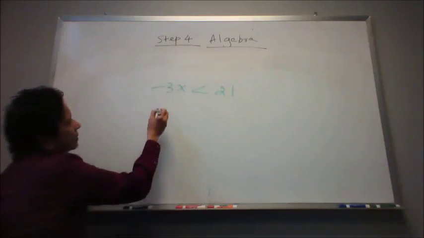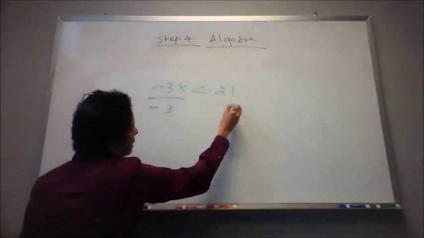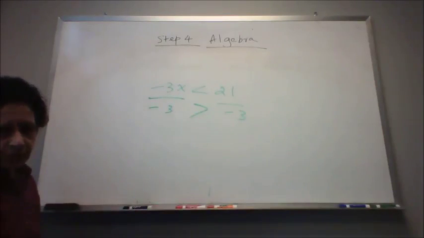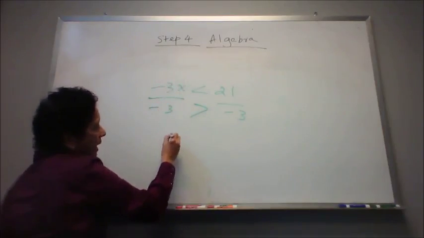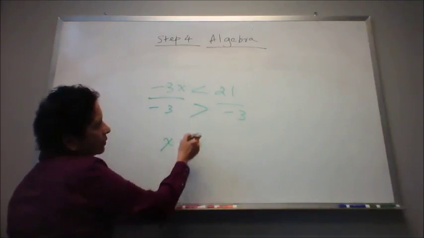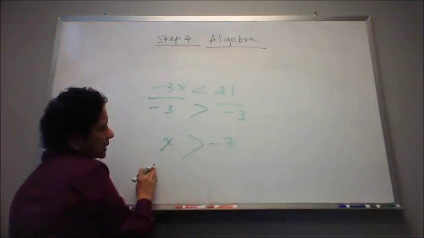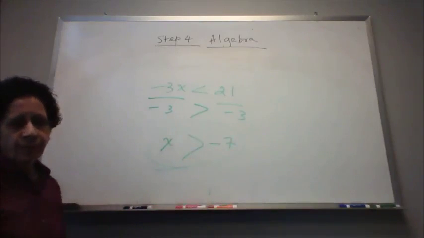Whenever I divide by minus 3, remember the inequality will get reversed. So the minus 3 gets cancelled, the inequality got reversed, and 21 over 3 is minus 7. So x is greater than minus 7, and this is the solution.